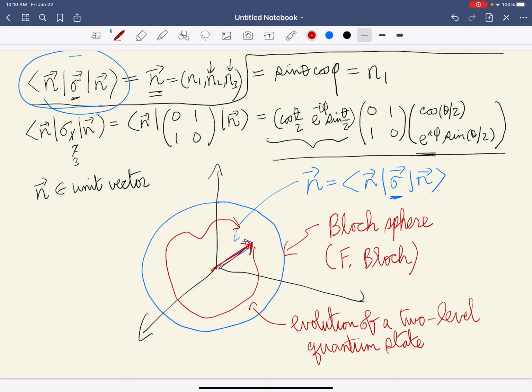And this is nice because although quantum state is a pretty abstract thing, through this mathematical trick or mathematical insight, we can use this geometrical means of visualizing what it does over time, right?